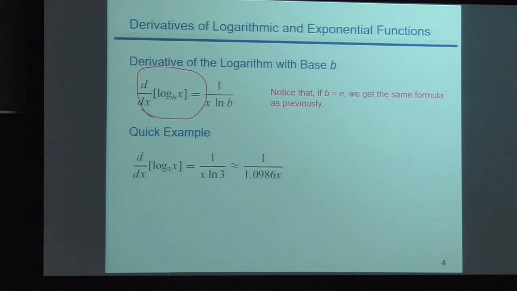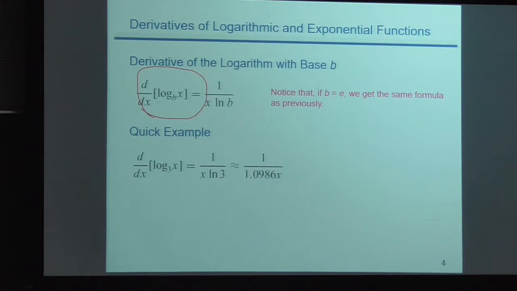I wrote it on the board. ln of e is 1. So when we put in e for b, we get ln of e, which is 1, so we just get 1 over x. See that?